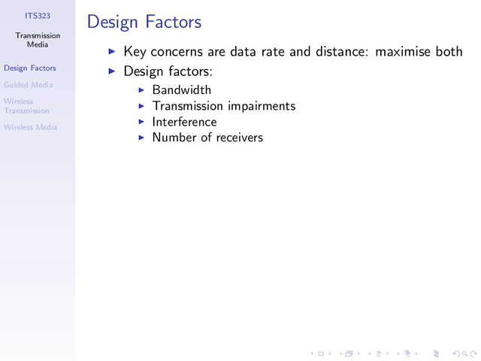And we'd often like to maximise the distance, because if we want to connect across or within this campus, then we'd need to choose some media that will allow us to connect possibly hundreds of metres between the different computers all within this campus.